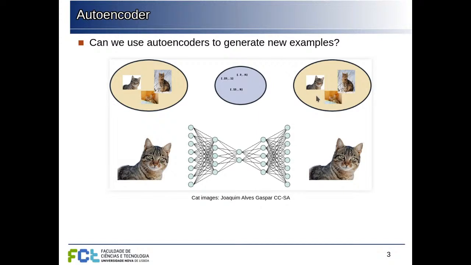So one question is if we can use this ability of the decoder to translate from this latent representation into the space where the examples lie, to generate new examples, so to generate new images of cats that are not exactly like any of the images in the training set, but still look like cats.